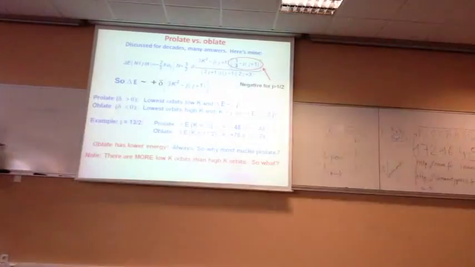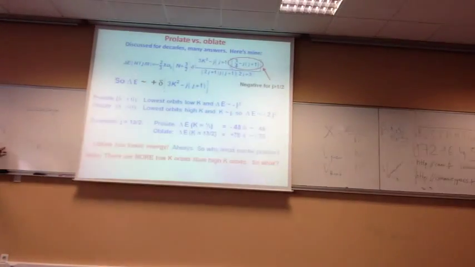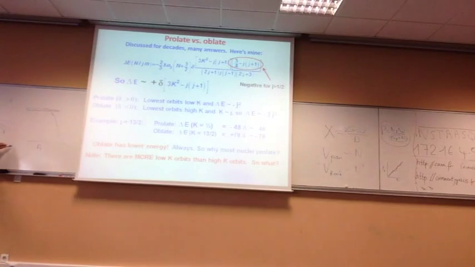So this is beta greater than 0, prolate. Now you can see why I don't write on the board. And this is beta less than 0, oblate. And all the arguments that led to the lowest orbit being k equals 1/2 will now lead to the lowest orbit being k equals 7/2. Okay, so on the oblate side, the lowest orbits will be the highest k.